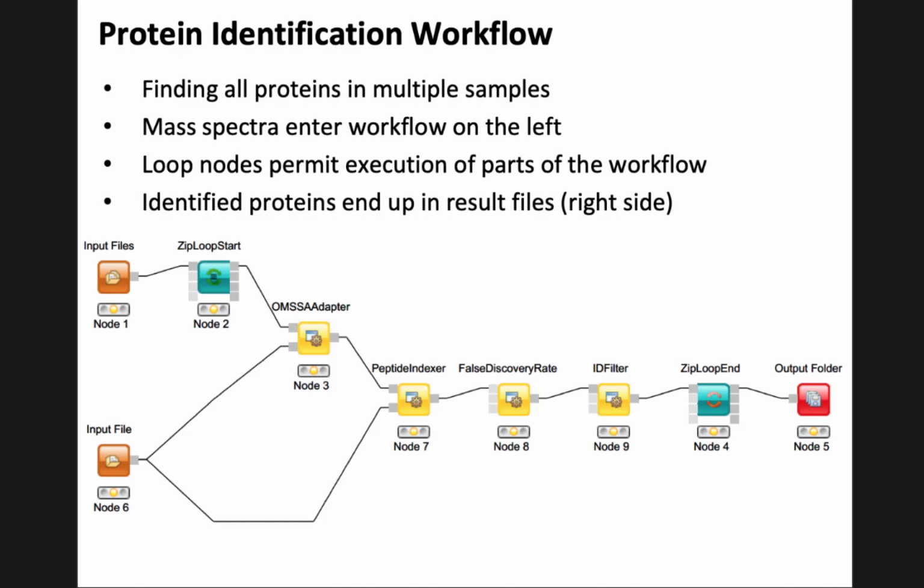So everything between this zip loop start and zip loop end is then executed for every file. And this way you can construct very complex workflows, for example, searching these spectra against a database, computing the false discovery rate, discarding the unreliable identifications, and then merging it all back together into a complete result file. And we will learn how to do that in the hands-on section.